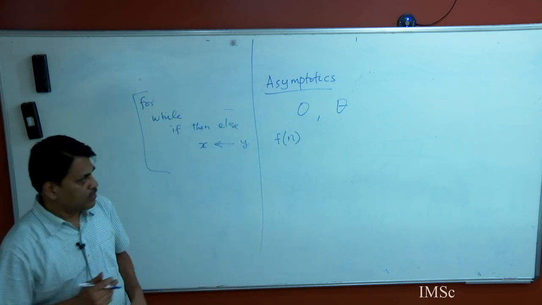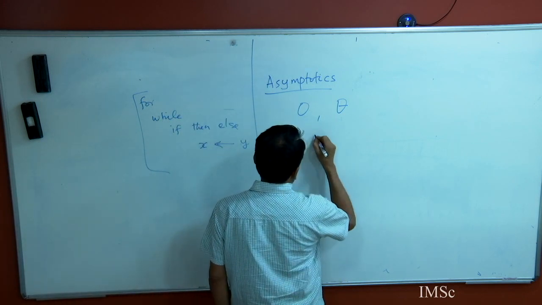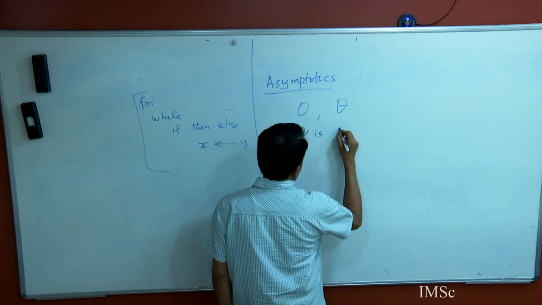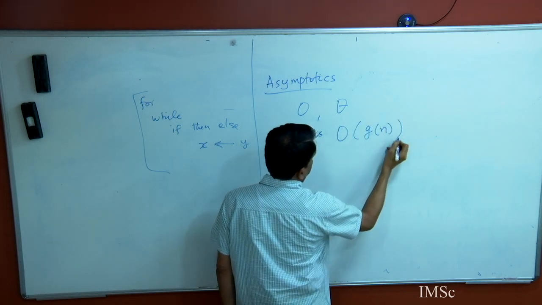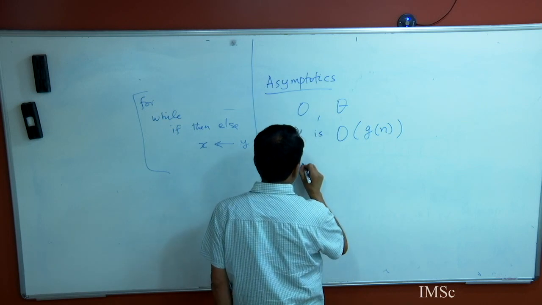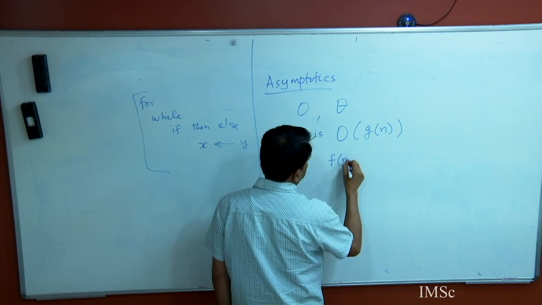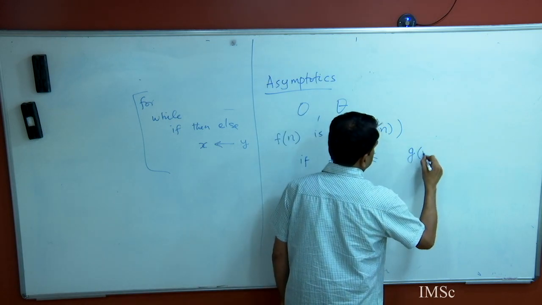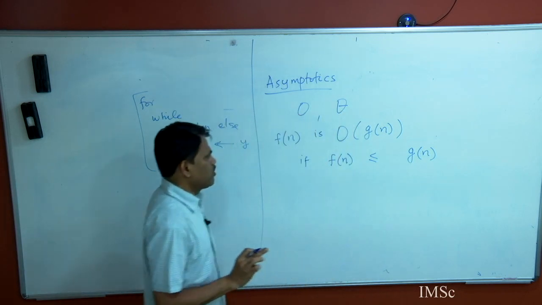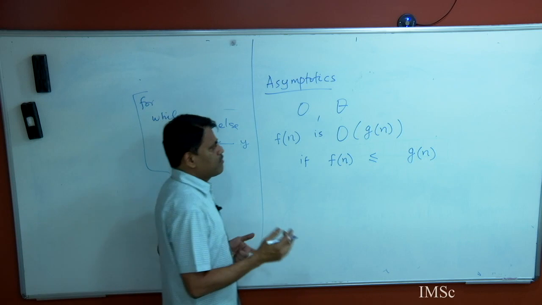So that will be a natural number, in fact a non-negative natural number, and we say that f of n is big O of some other function g of n. Roughly, what that means is f of n is upper bounded by, think of big O as something like an upper bound, but I have some leeway.